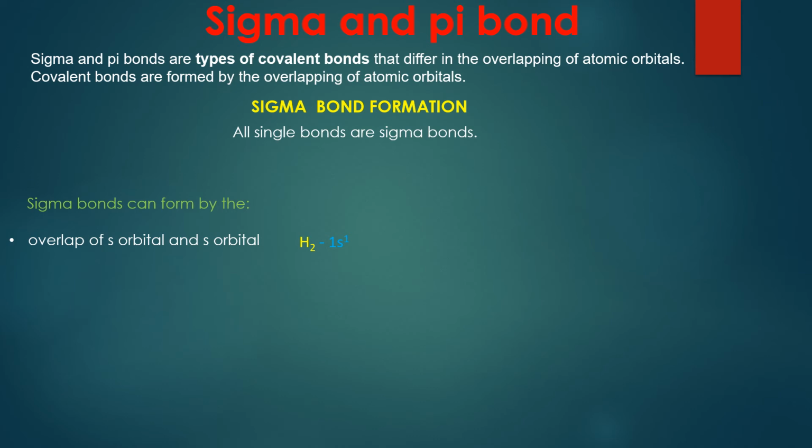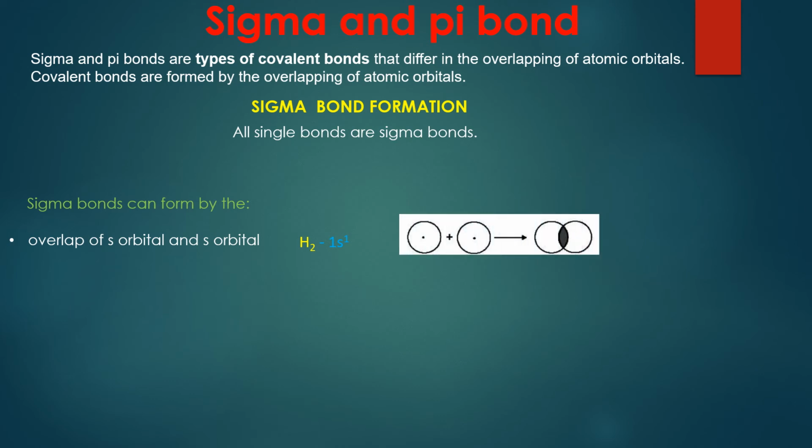That means the electrons that have to be shared will be residing in the s orbital of the hydrogen. So when this hydrogen shares one electron with the other hydrogen, it is the s orbitals of these two hydrogens that are going to overlap. This is how we can represent the overlap diagram.